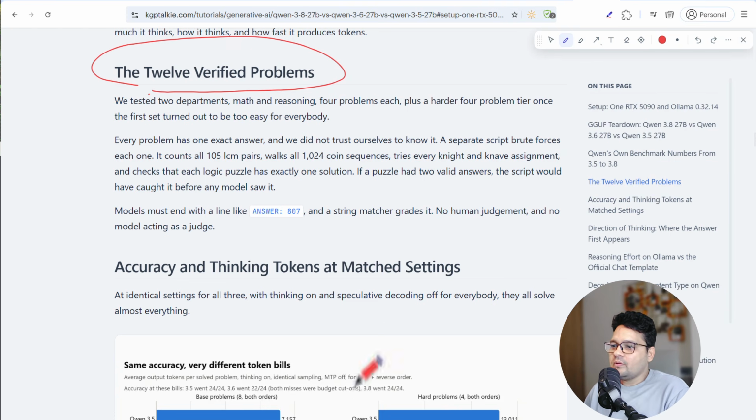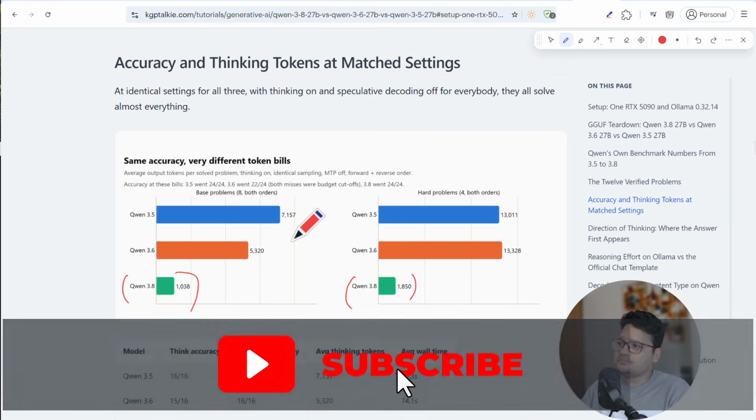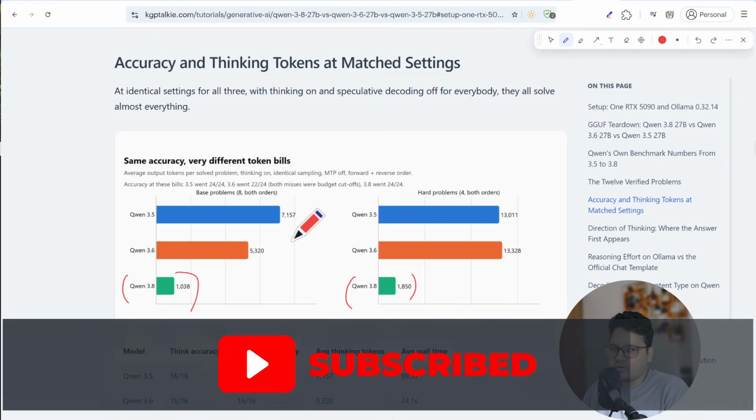Okay, cool. Now the question comes here: as I told you earlier, Qwen 3.8 is a good decision maker. Okay, so they are really good decision makers. That means they are not thinking much to take the decision. You will notice here, to solve a particular problem statement, Qwen took almost 1K tokens only. Okay, and for a hard problem, they took like 2000 tokens only.